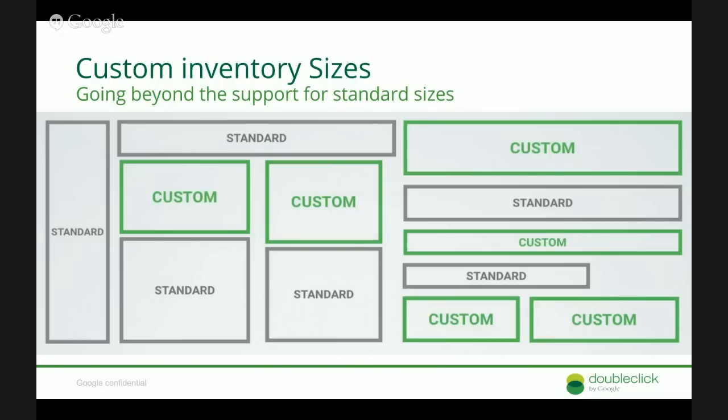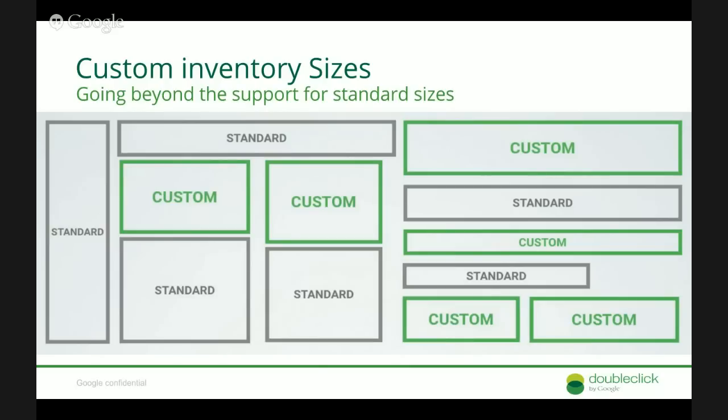As of today, we have around 115 or so publishers that have been enabled for the beta for custom sizes. And from those 115 publishers, we're seeing around 75 million impressions per day for new custom sizes that they've created.